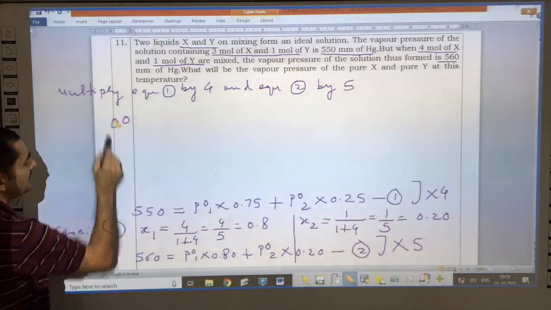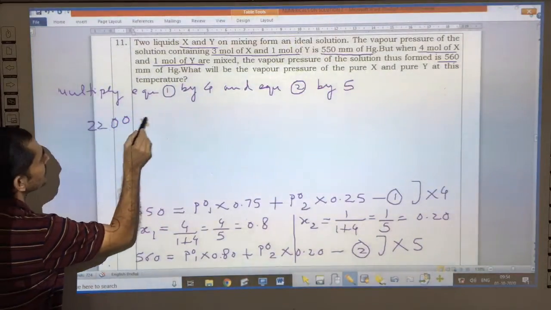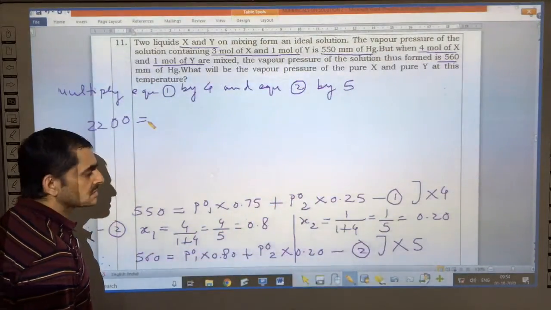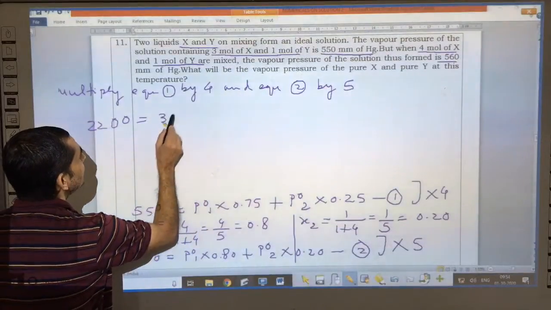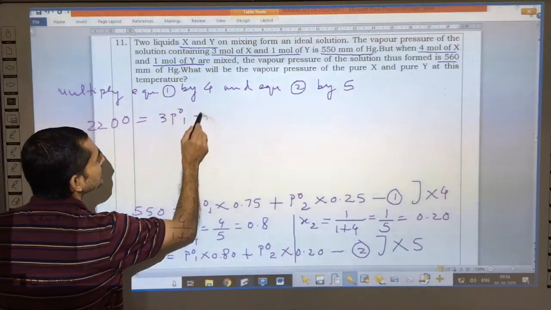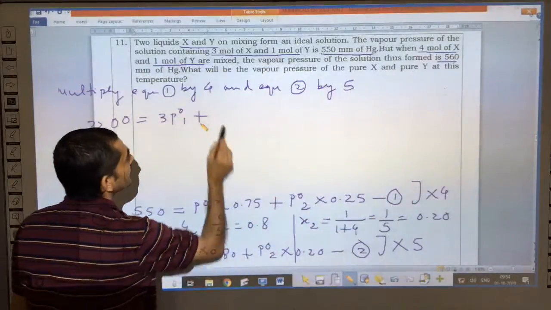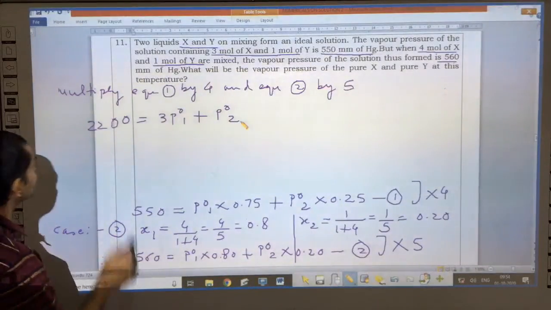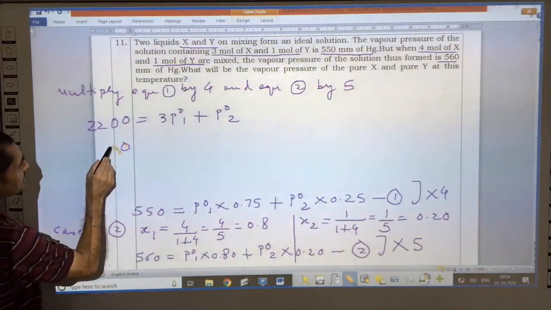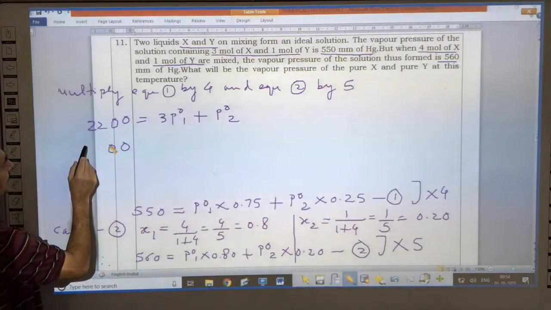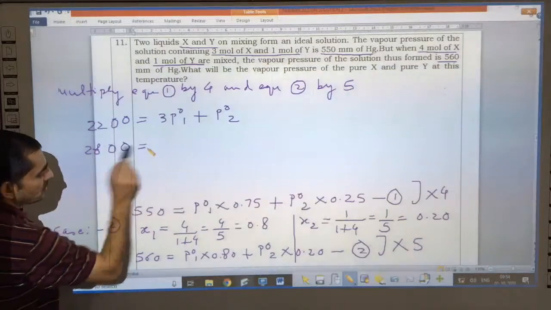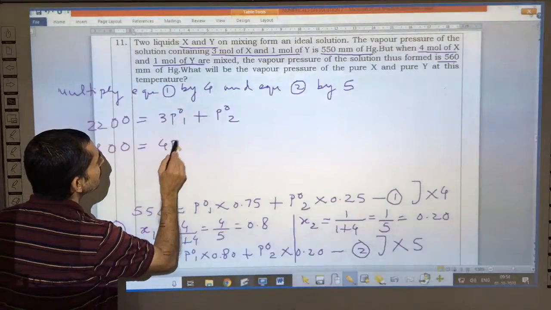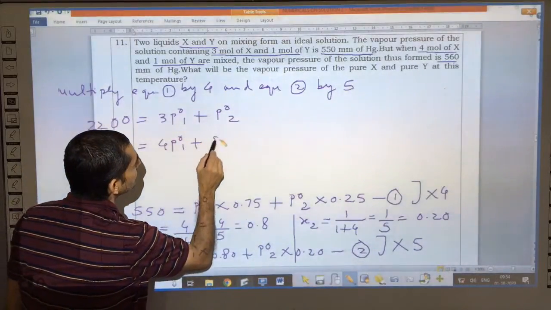4 times 550 is 2200, equal to 75 times 4, which is 300, so 3 P01 plus 25 times 4 is 100, so 1 P02. Now multiply the second equation by 5: 5 times 560 is 2800, equal to 4 P01 plus P02.